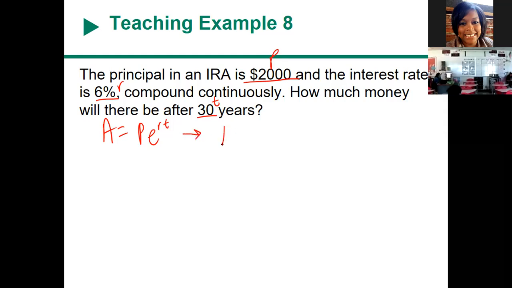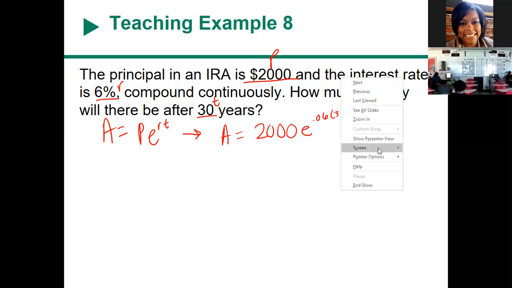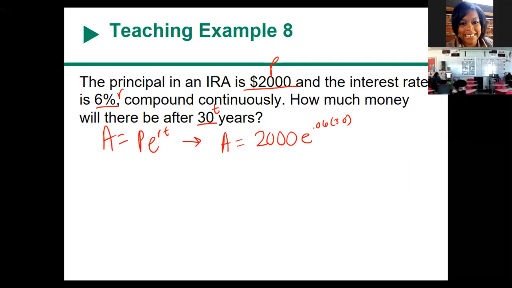So we end up with A equals 2,000 e to the 0.06 times 30. Okay, and you're going to plug it in the calculator just as so.